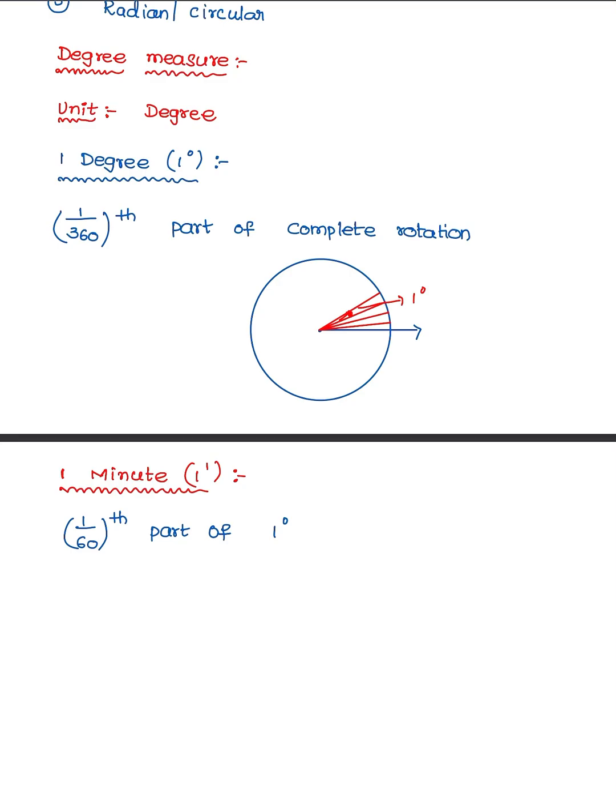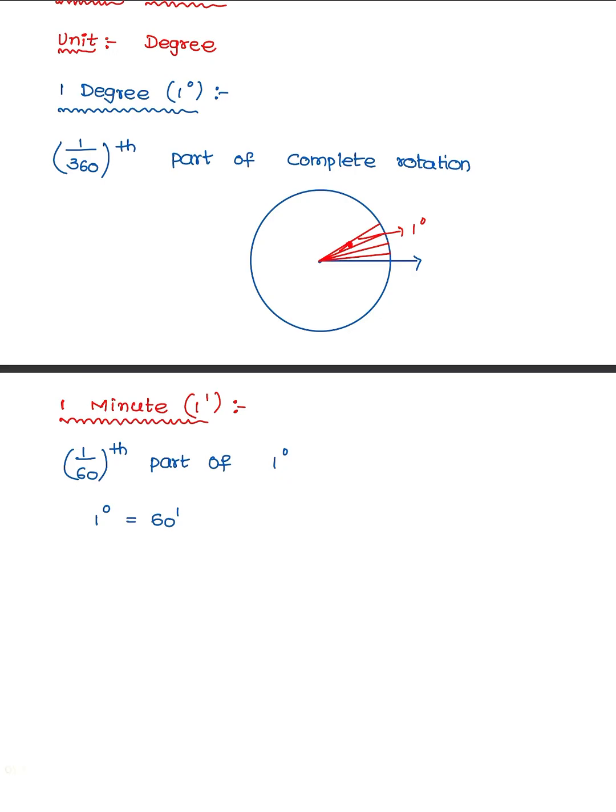That means you are dividing 1 degree into 60 small parts, and each part gives us 1 minute. So this is the notation for minute. So 1 degree is equal to 60 minutes, and 1 minute is equal to 1 by 60 degrees.